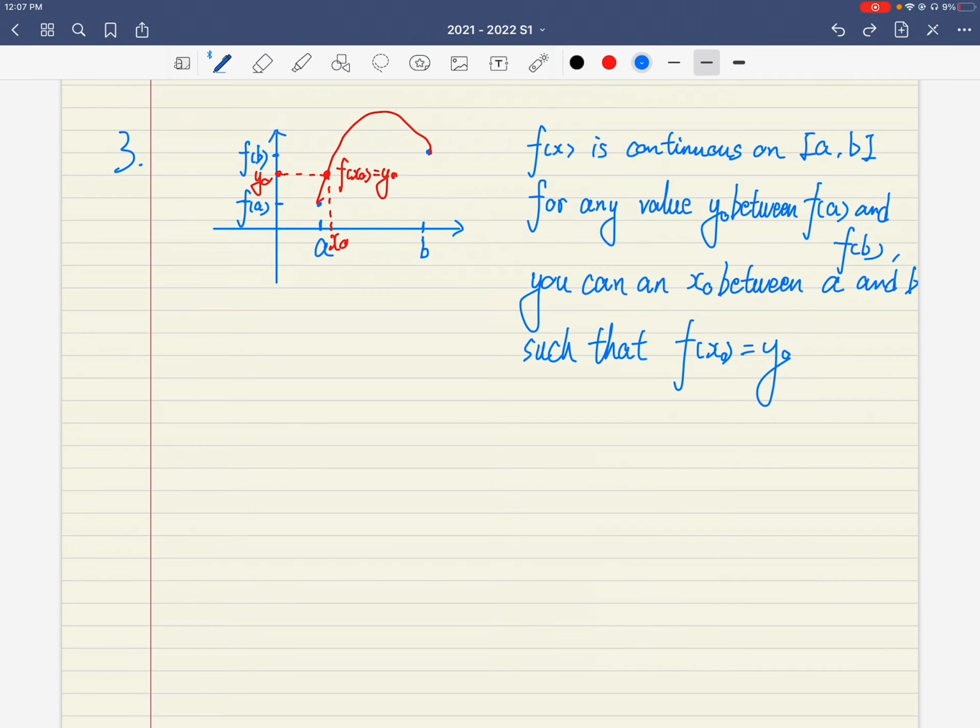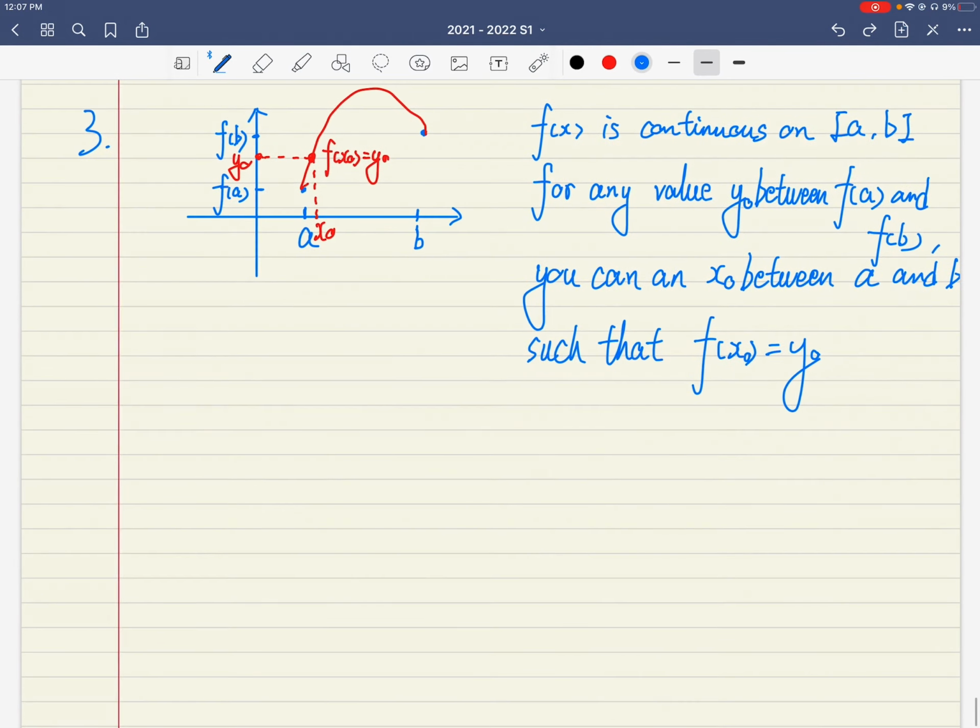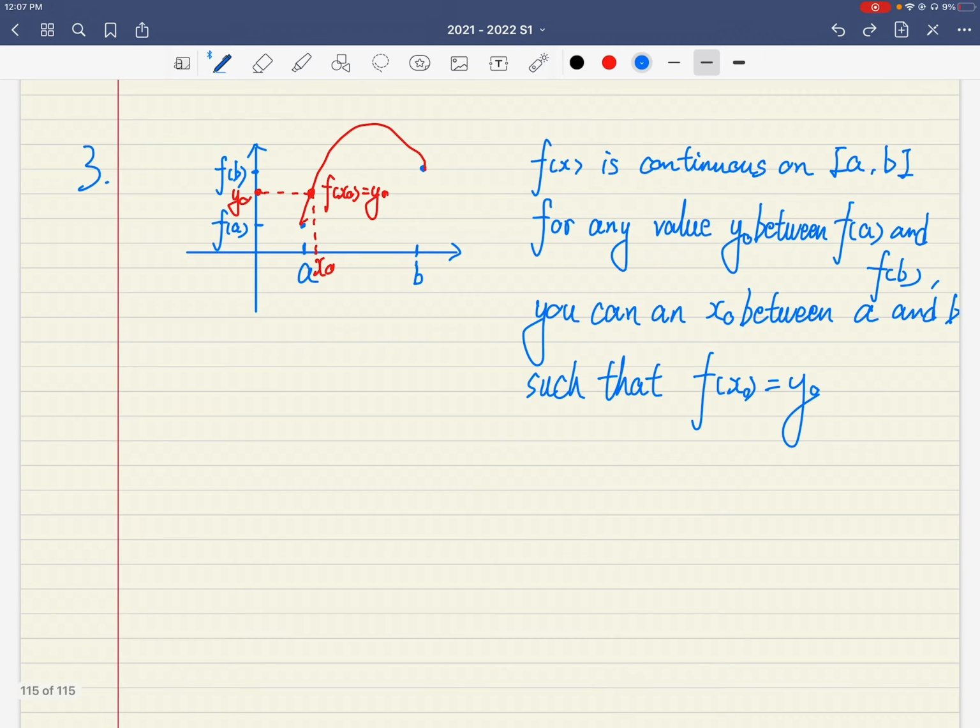Then how do we apply it? For example, in problem 3, use the intermediate value theorem.